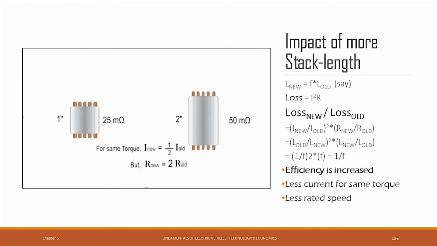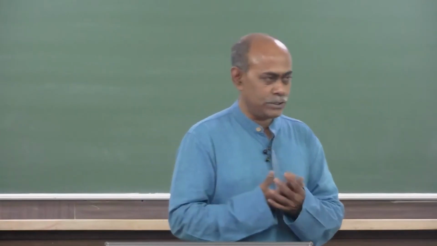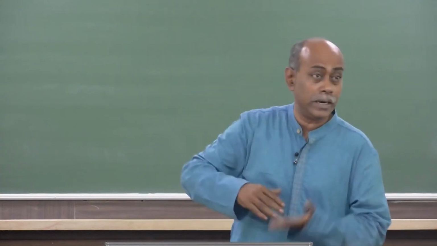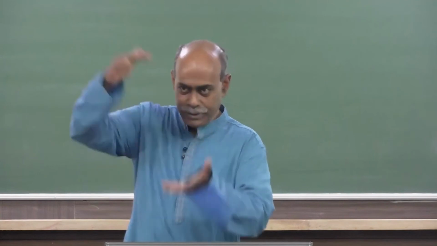So, by increasing the length, the efficiency is getting increased. If I double the length, the loss becomes half. If I triple the length, the loss becomes 1/3. I am gaining efficiency, but obviously there is a price. I am using double the steel and copper and magnets. Everything is becoming bigger.